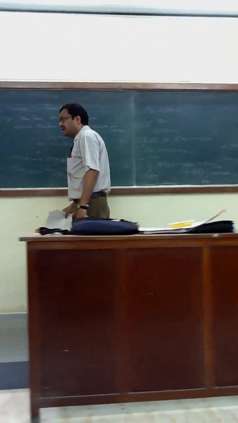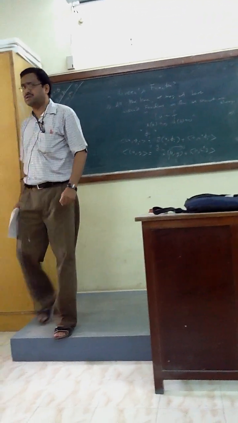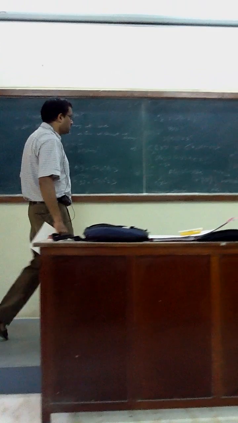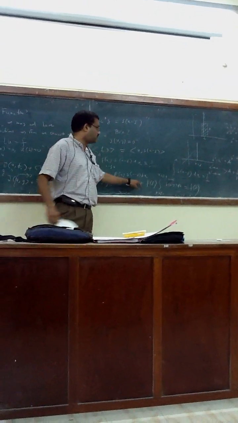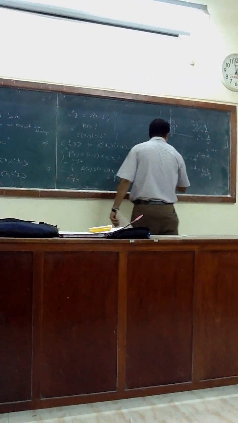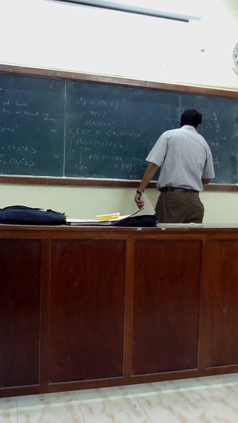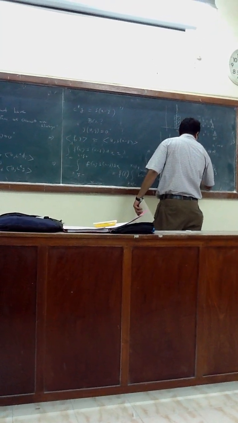So if you multiply a function with delta x minus z and integrate, you will get the function value at z.